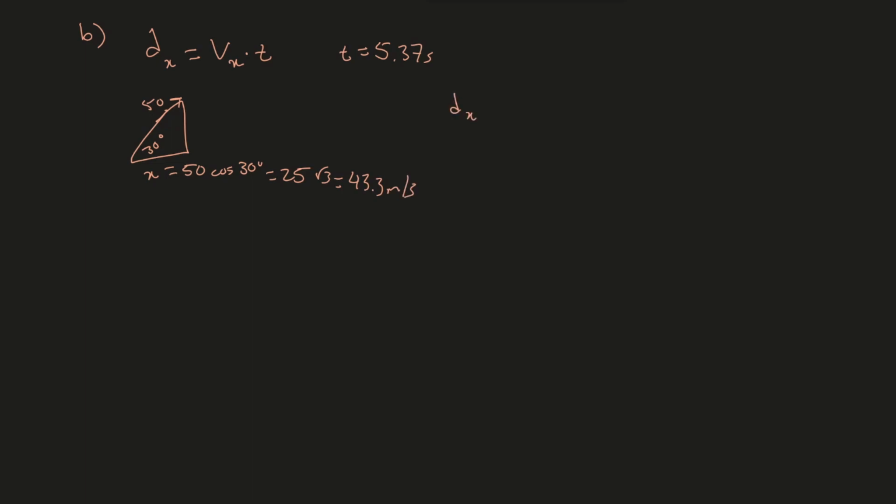So d of x is going to be defined as equal to 43.3 meters per second times 5.37 seconds. And this is just going to be equal to 232.5 meters. Oops, almost said seconds.